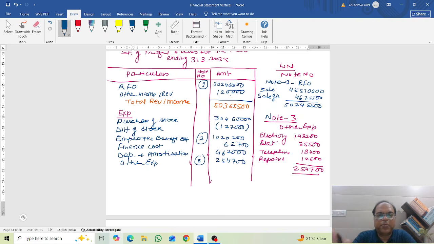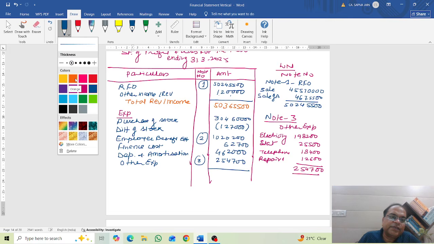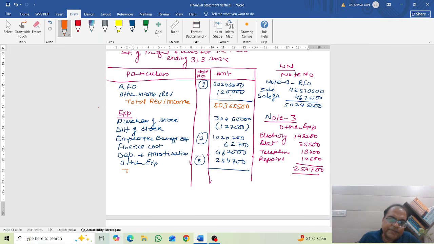We have incorporated all the items from the question. Now make the total. And this is the total expenses. The total expenses is 321,32600.